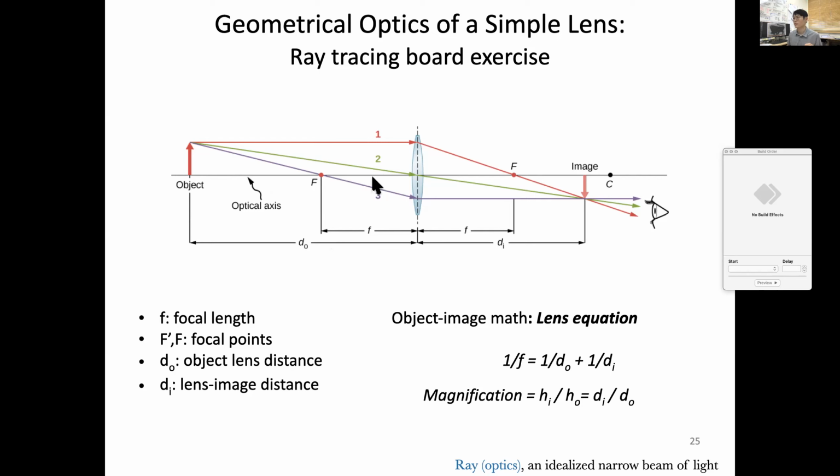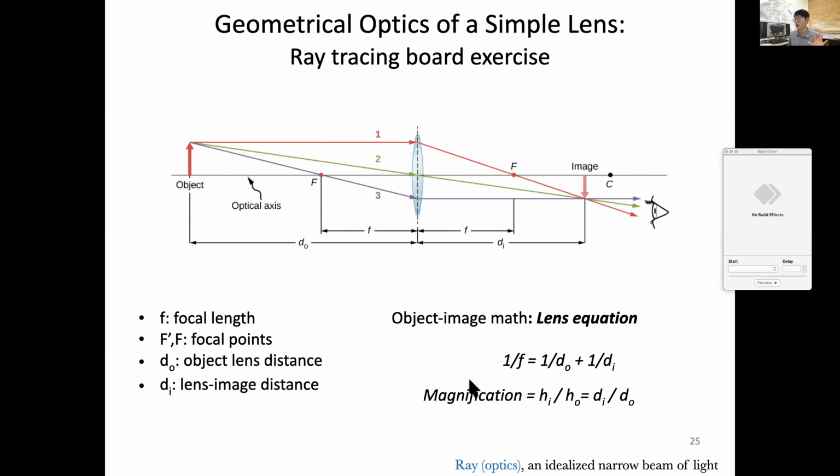And also, if you look at this similarity, this ratio to this will be the same as this ratio to this. With this simple relationship, if you remove H sub O and H sub I, because that ratio we call how much elongation happens, and we define it as magnification.